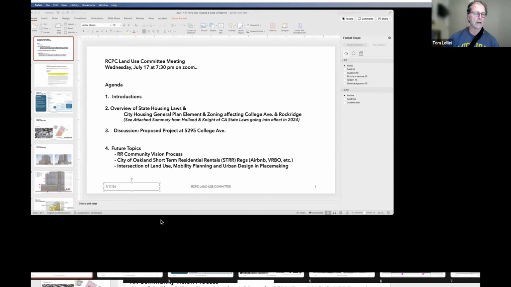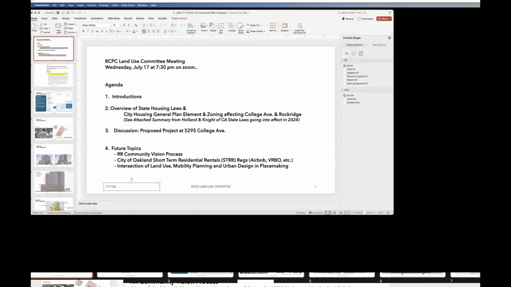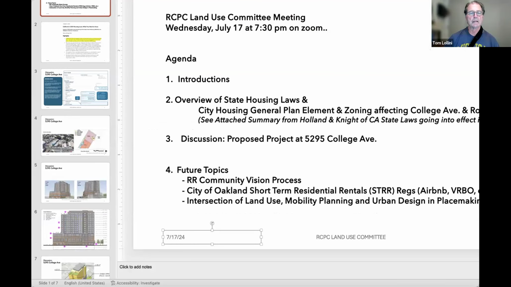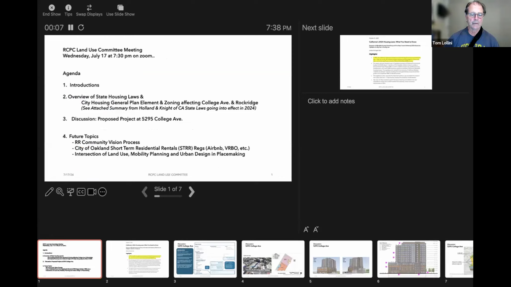I just haven't had this issue before, so I don't know what I'm doing. Normally you could just click on the lower right-hand corner and make it big on your monitor. That'll help us at least. If I go to full screen, I don't see anything but my own slide. Do you just see the agenda right now? That's all I see. Look at the top where it says slideshow.